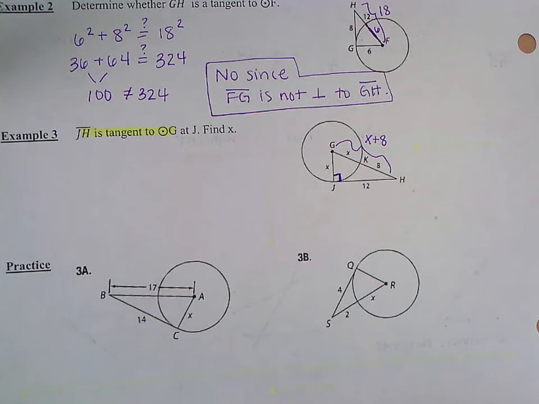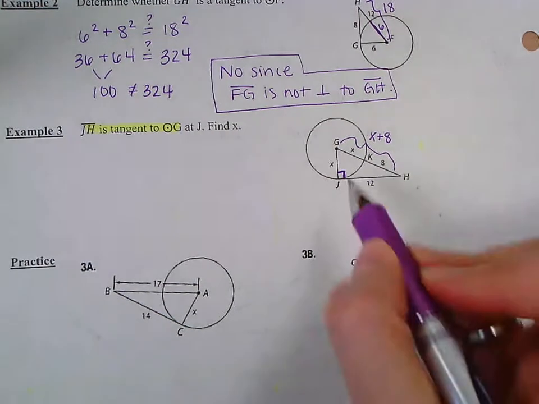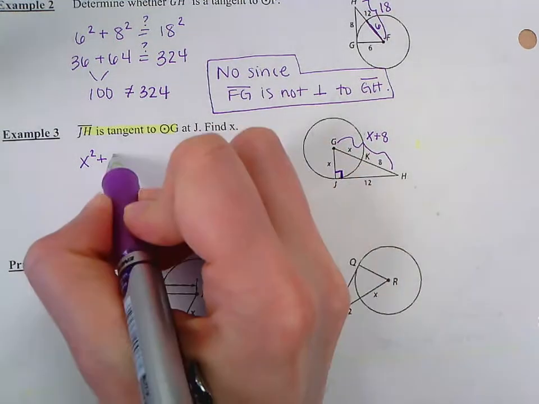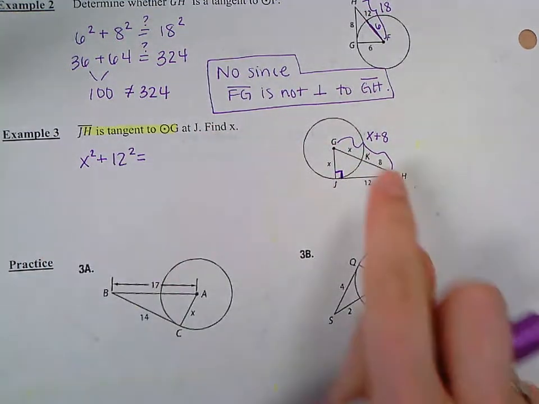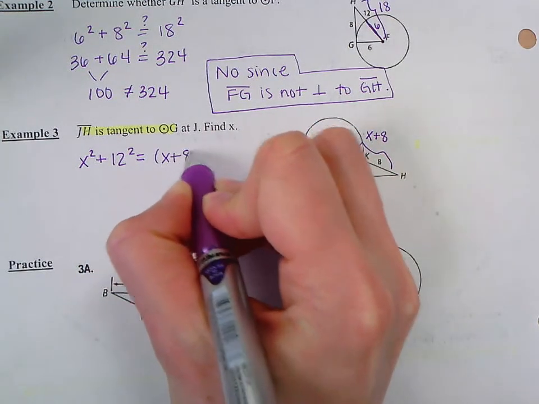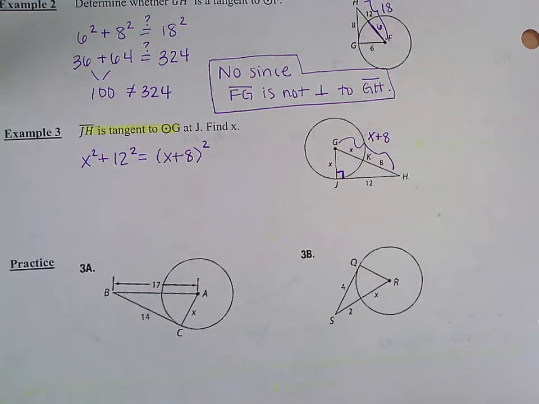So when I set up my Pythagorean theorem, I would have X squared plus 12 squared should equal this whole quantity squared, so X plus 8 in parentheses squared.